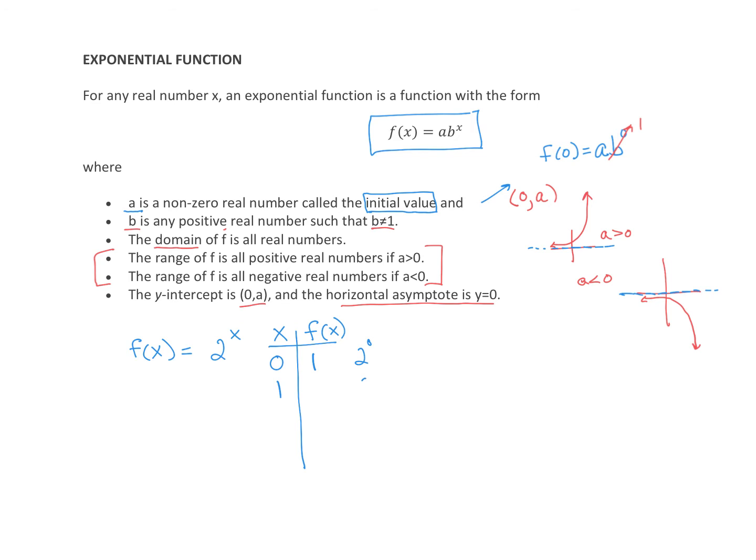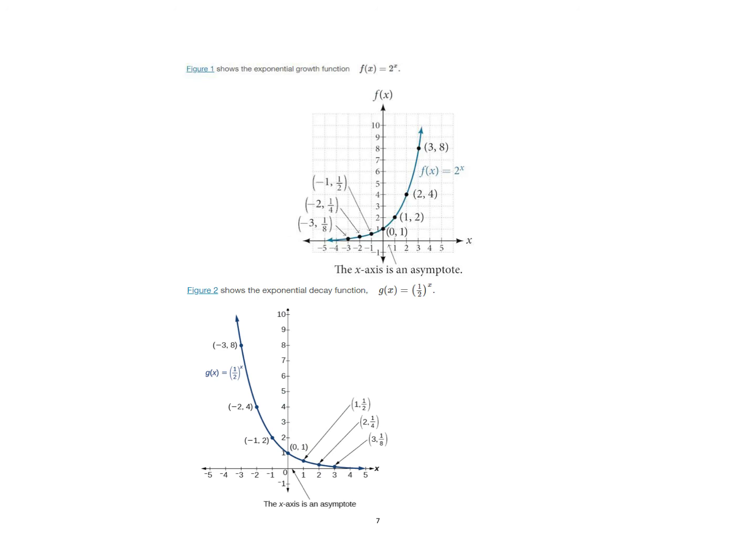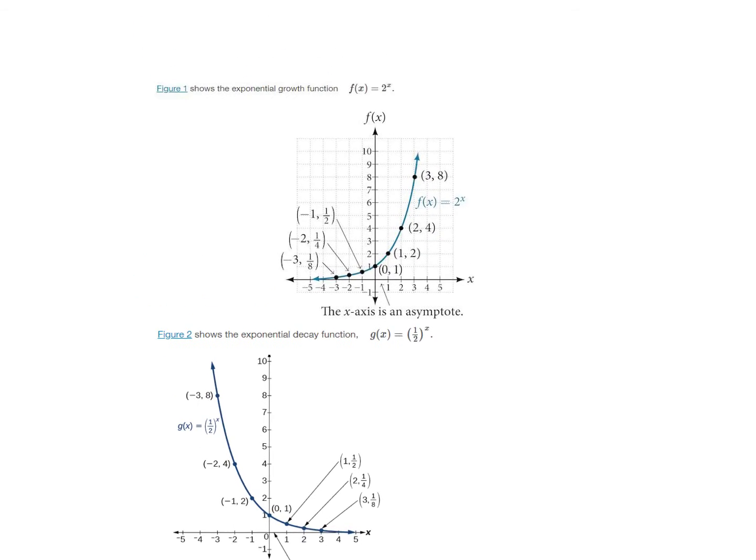If x is 1, 2 to the first is 2, and 2 squared is 4. What does it mean if we choose negative 1? Well, if you remember, that makes it a fraction, 1/2, and negative 2 would be 1/4.